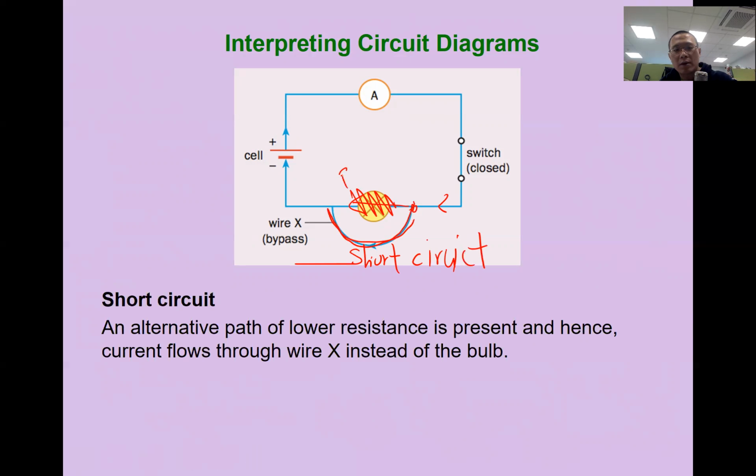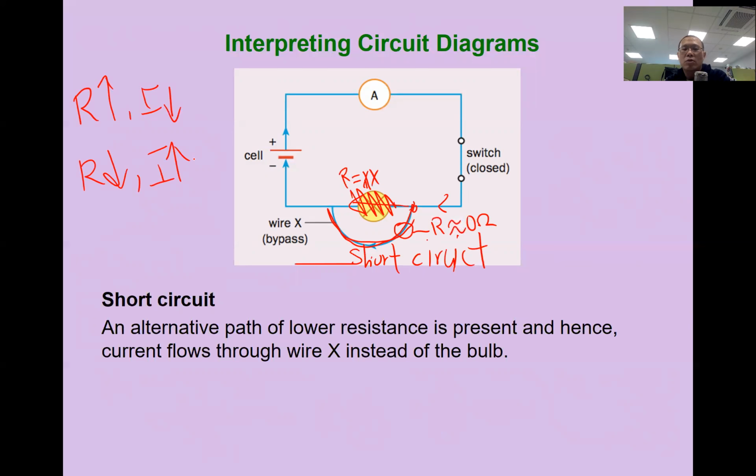Let's say this light bulb has a certain resistance, but for the short circuit cable here, the resistance is almost 0. In the previous slides we mentioned high resistance, low current. So the reverse will be true: if your resistance is super low, my current will be super high.